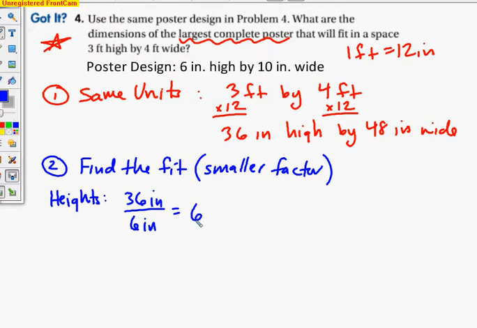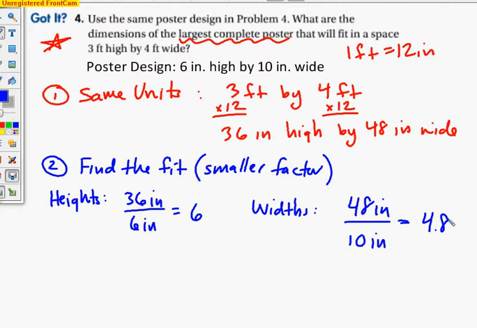And now I compare the widths. Again, I have a 48-inch space. I want to stick a poster in there that is 10 inches wide. This comes out to be 4.8. You must pick the smaller factor.